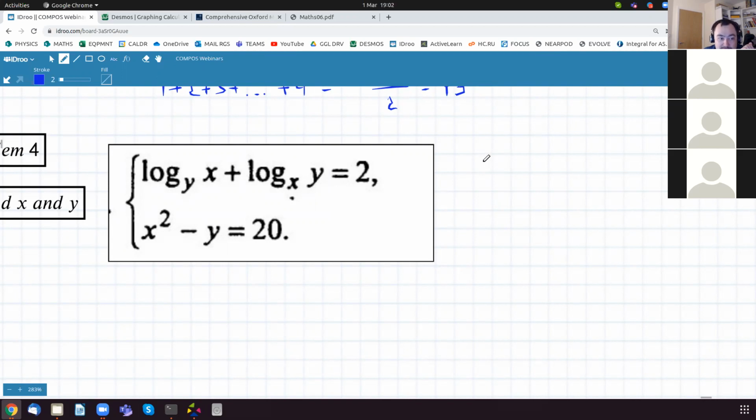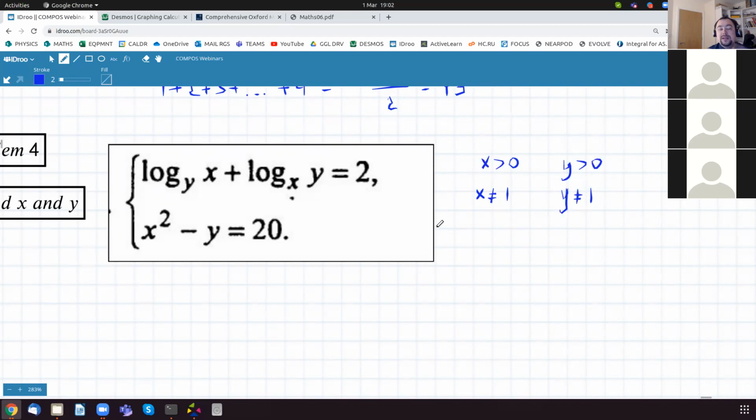Here we can see immediately that x has to be positive, because you can't take a logarithm of a negative number. Y has to be positive the same way. Now the base of the logarithm has to be positive, which is already written here, but it also cannot be 1. So x is not equal to 1 and y is not equal to 1.